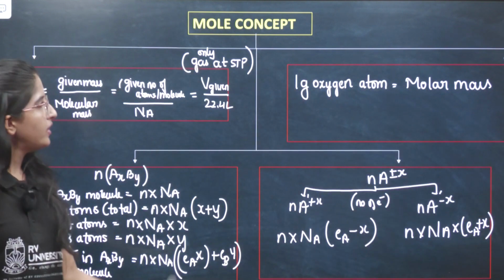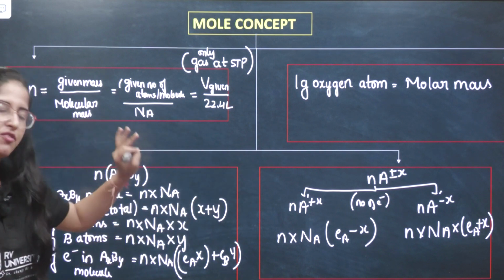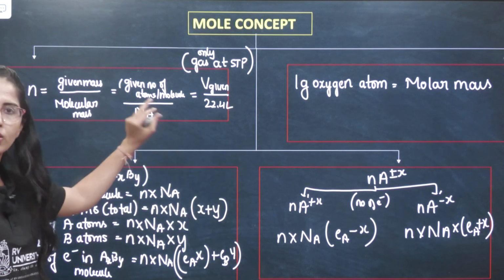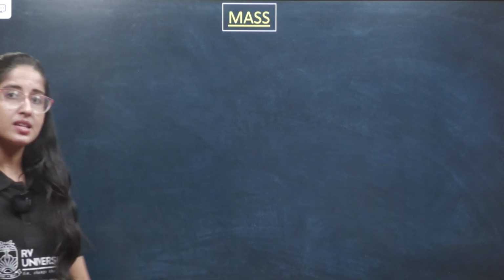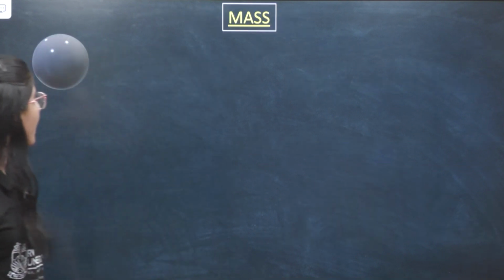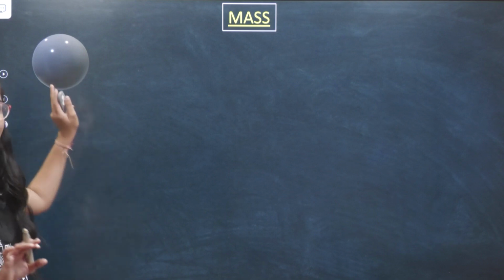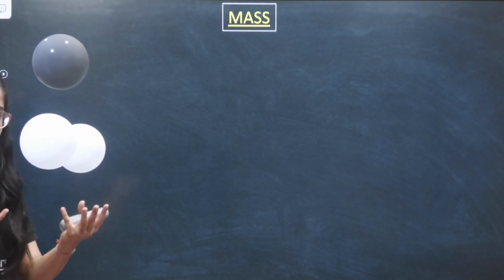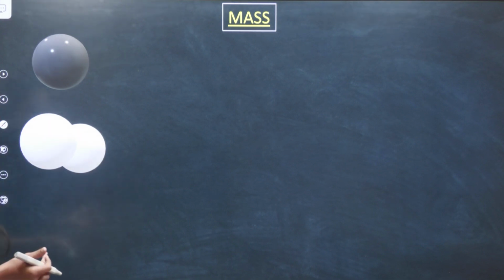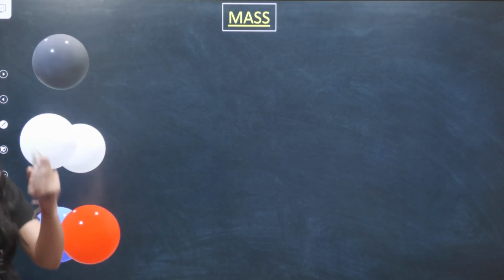Understood? So this is the basic first thing which you have to remember. You have to write this down in your notes. Next, let us go towards the mass. In case of mass, if you have a single atom, you can have the same atoms combining, or two different atoms combined.